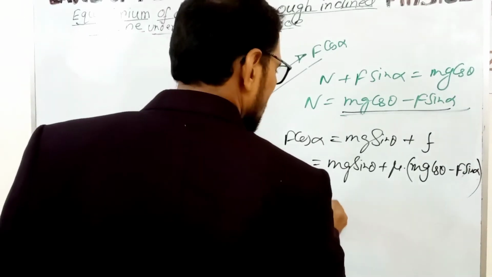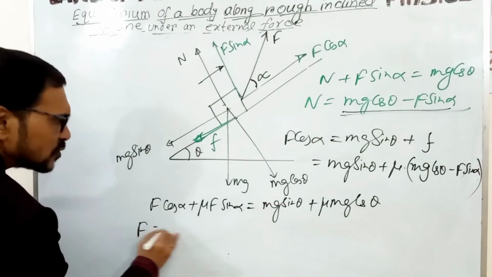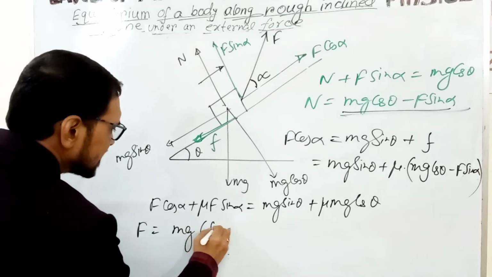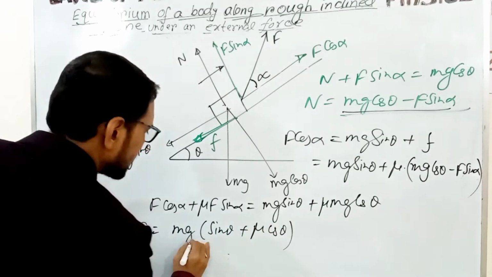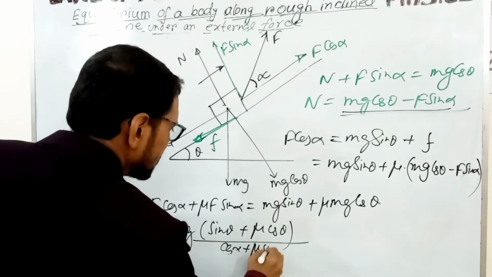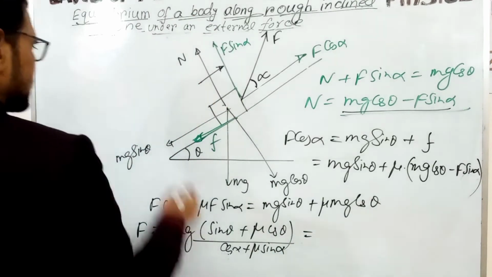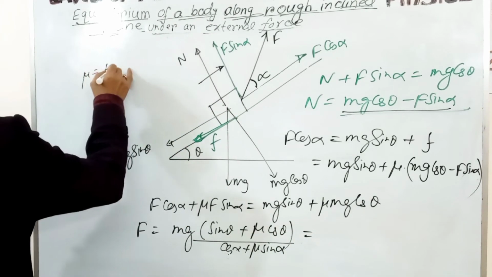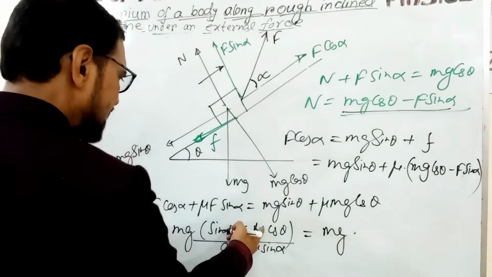plus mu mg cos theta, which gives F equal to mg times sin theta plus mu cos theta divided by cos alpha plus mu sin alpha. So put mu equal to tan lambda, sin lambda by cos lambda.